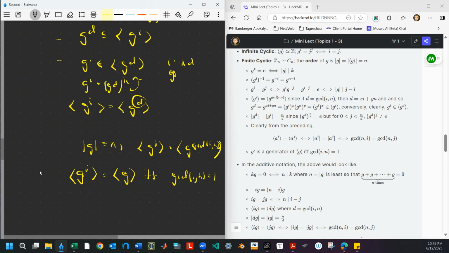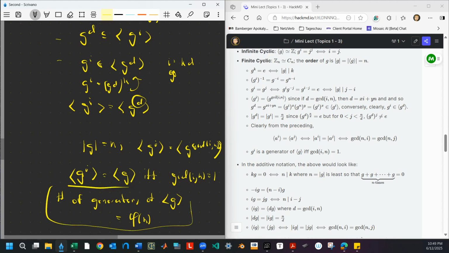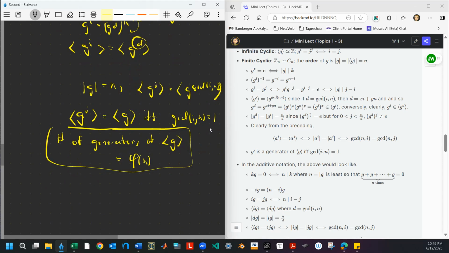So in particular, the number of generators of G is equal to phi(n), because you're looking at powers of g, the things in the cyclic group that generate the entire group. So there are phi(n) many of those.